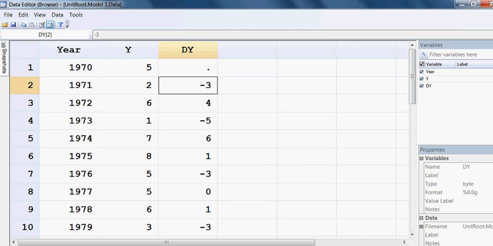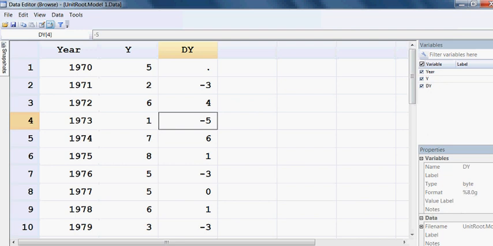How to get this minus 3? 2 minus 5, I get minus 3. How to get this 4? 6 minus 2, I get 4. How to get minus 5? 1 minus 6 is minus 5.